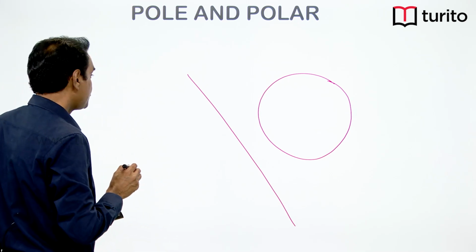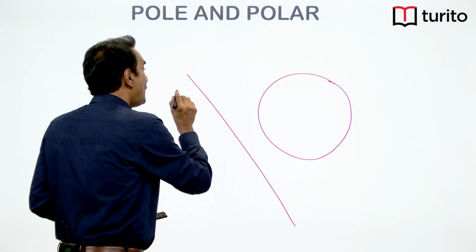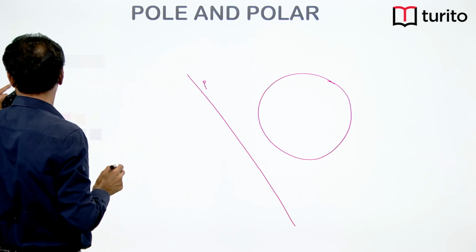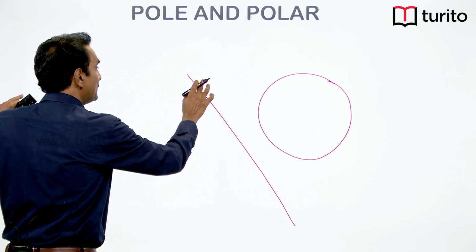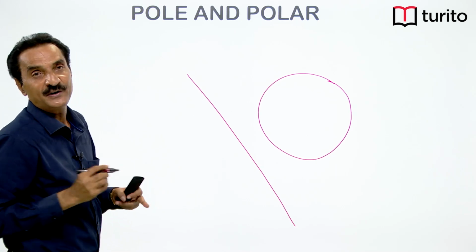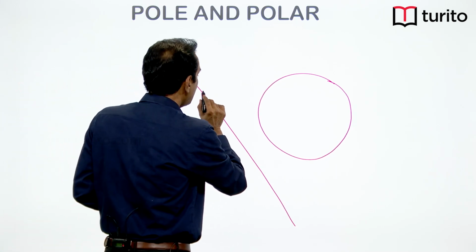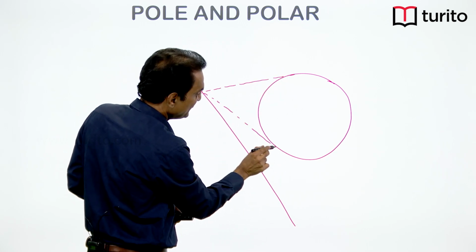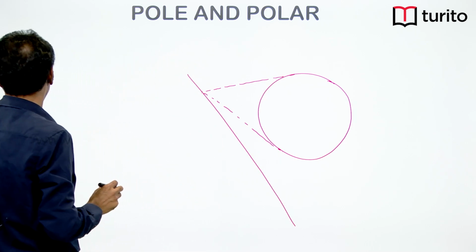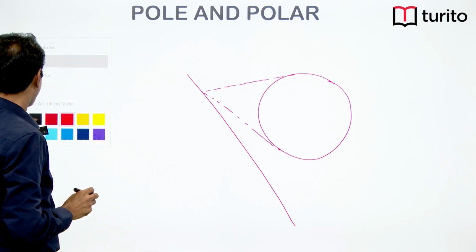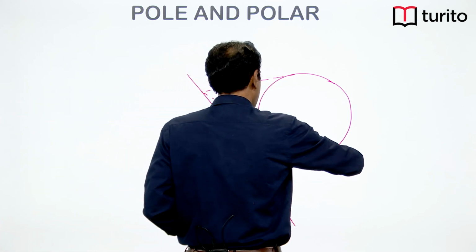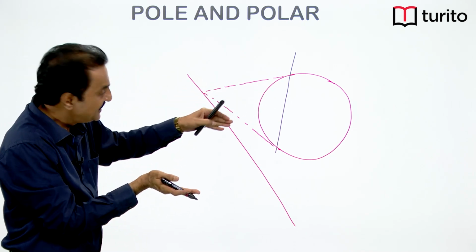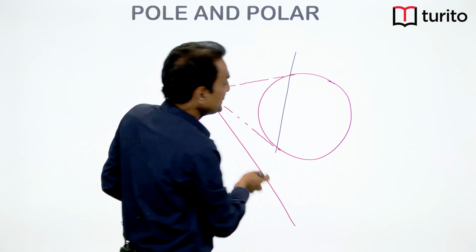Now, if you take any point on this line, and draw two tangents, then the chord of contact is going to be this line. If you draw two tangents from some point, the chord of contact is going to be this line.